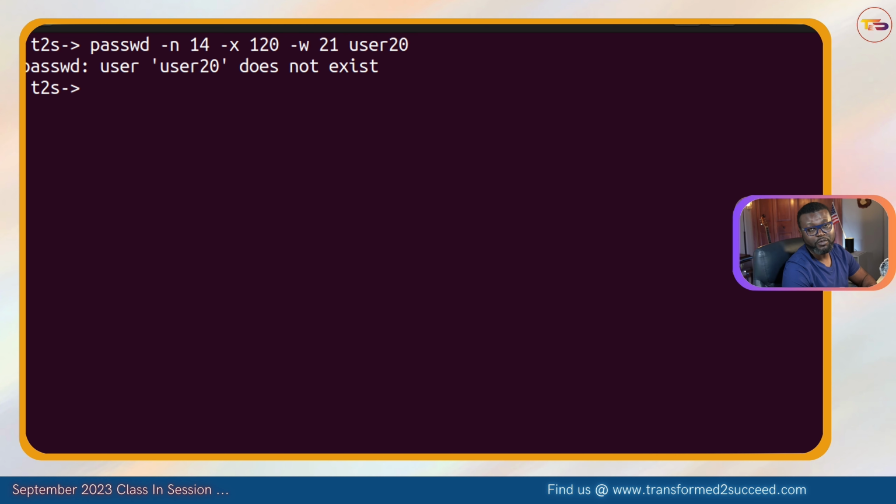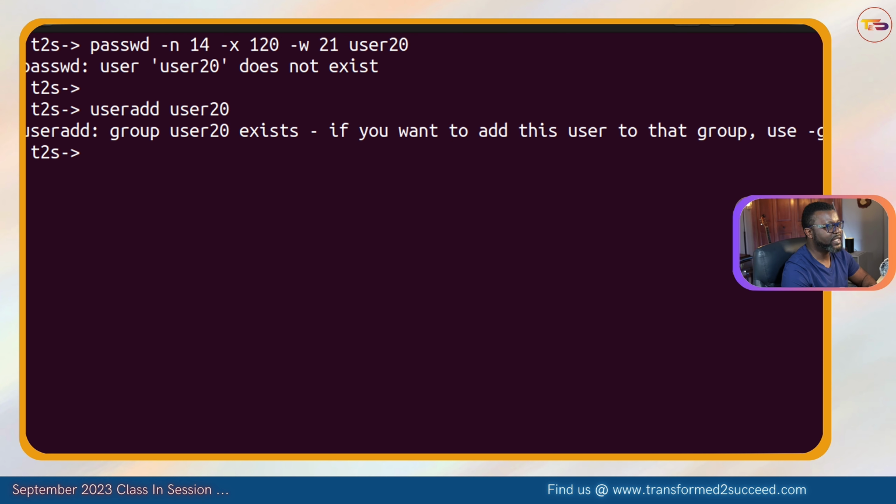What does that mean? It means we have to add user20 first. So we're going to add user20, and we get this message because the group user20 already exists. So I'm just going to run groupdel, deleting that group, and then add user20 again and see what happens.